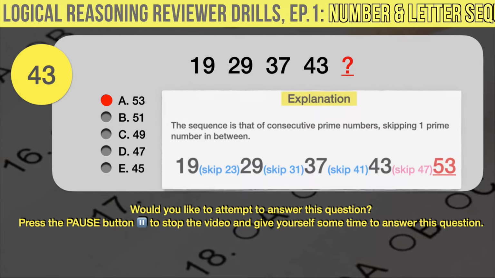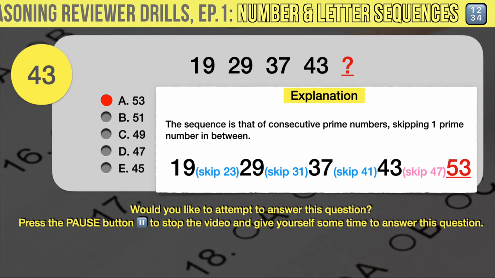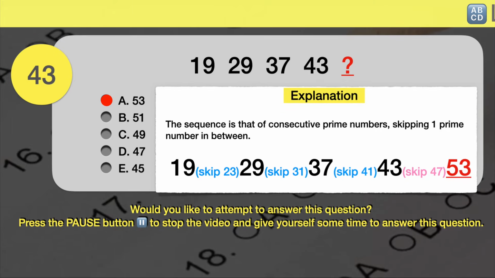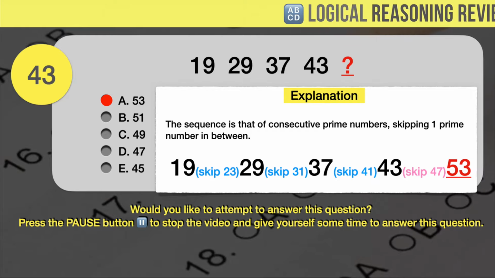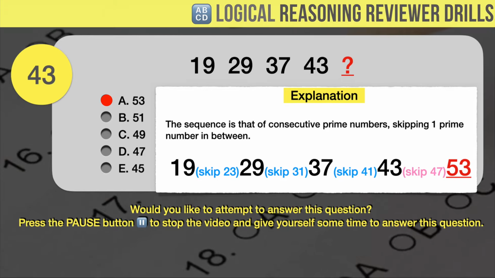53. The sequence is that of consecutive prime numbers, skipping one prime number in between. That is 19, skip 23, 29, skip 31, 37, skip 41, 43, skip 47. The next prime number after 47 is 53.